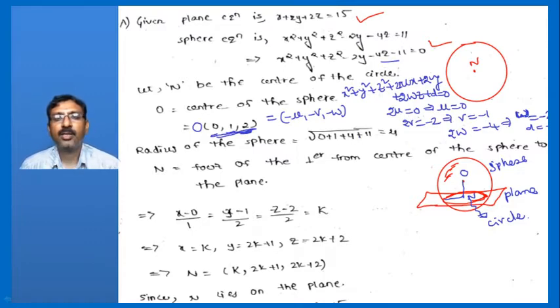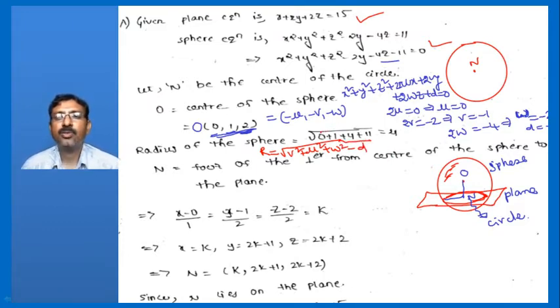I want to find the radius of the sphere. Radius, what is the formula? Generally radius of the sphere is denoted by capital R. The formula is under root u square plus v square plus w square minus d.